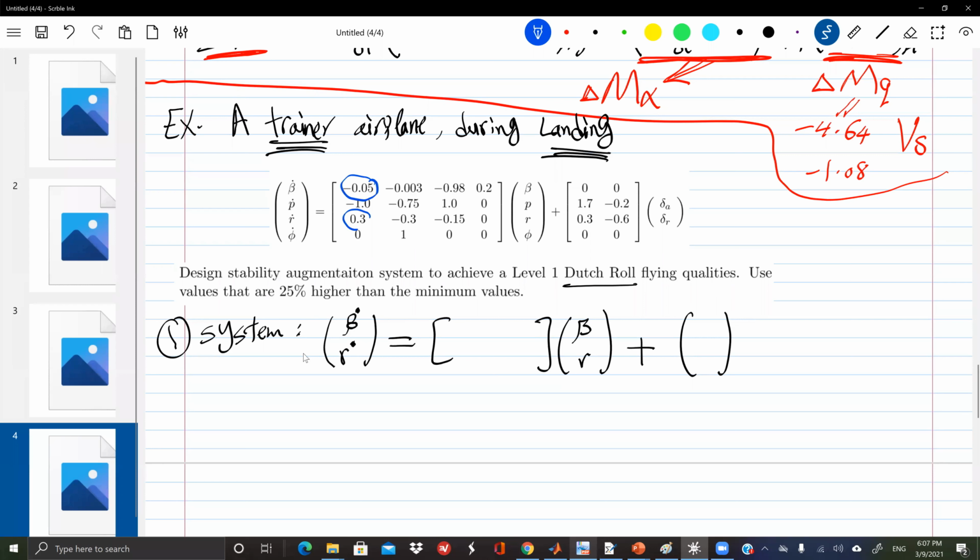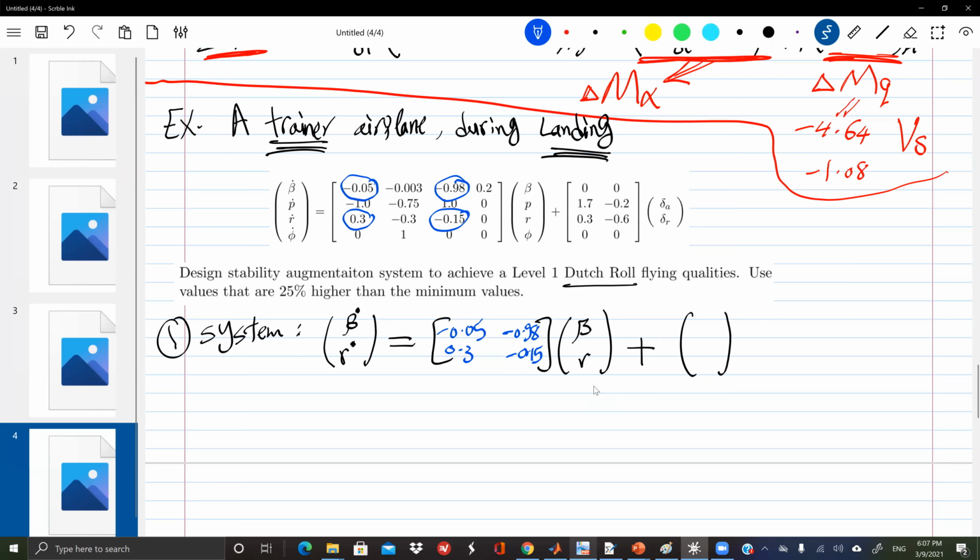So it's the first and third column, first and third row, and we're done. So this is negative 0.05, negative 0.98, 0.3, negative 0.15. Any question on filling out my A matrix for the Dutch roll from the full system? Any question, folks?